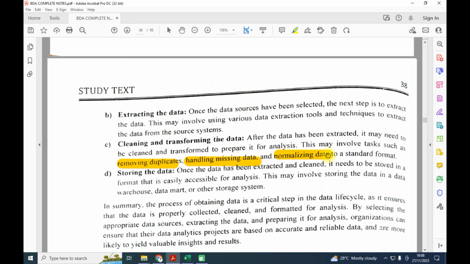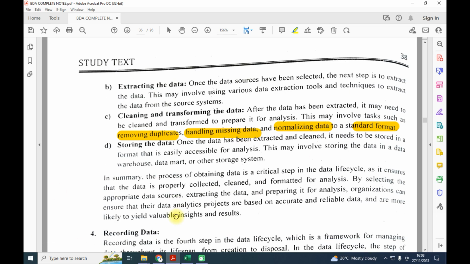Normalizing the data is under transformation, into a standard form, an acceptable form that will be used in that particular model. If the model only accepts numericals, there is no way you can use text, so we have to format it into numericals.